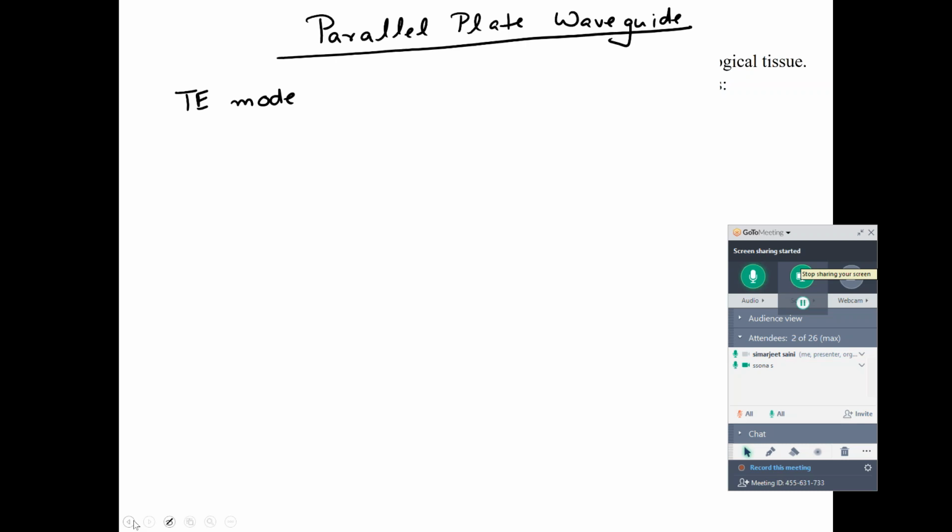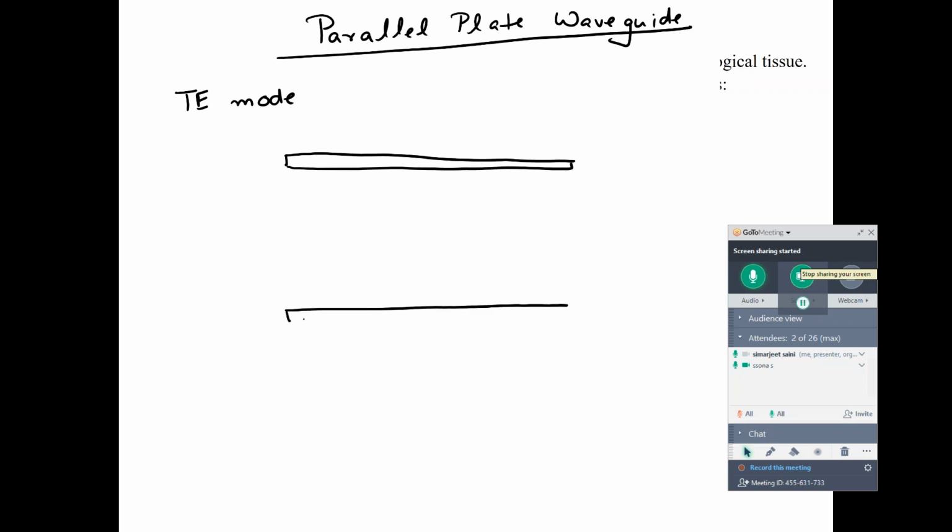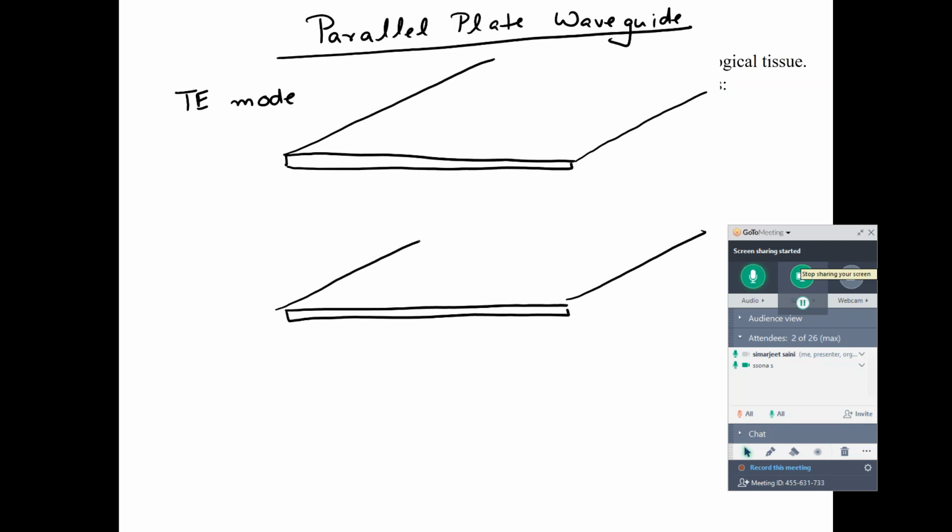Basically, we are saying that we have two very large conductors, almost like parallel plate capacitors, which are separated by a distance. Let's call it a.